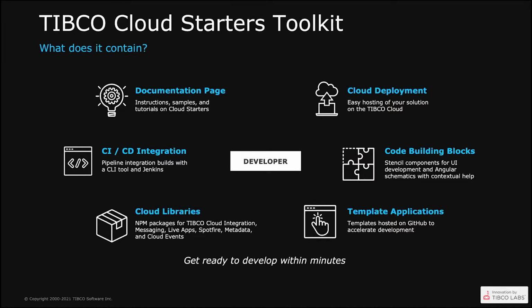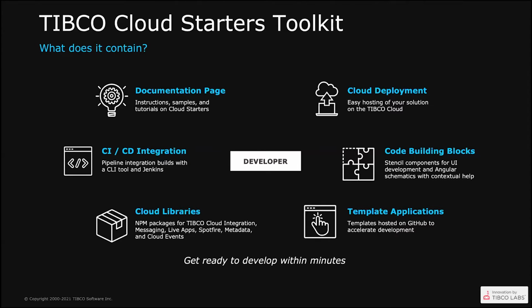So the slide that you can see now shows some of the capabilities that are provided by the toolkit. As you can see, the capabilities are very much focused on a developer persona, wanting to get started quickly creating applications on TIBCO Cloud. So we provide these templated applications that are hosted as open source on GitHub. We have a series of libraries to make interacting with our products easier and simpler, and they're all distributed via NPM.